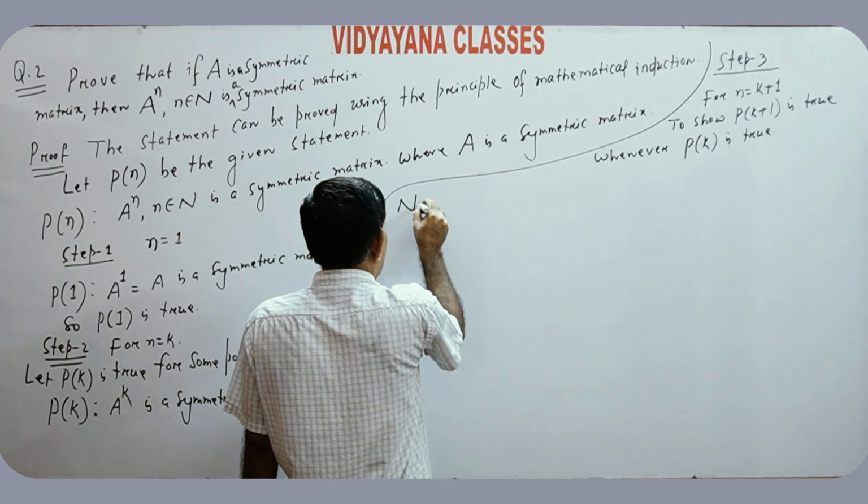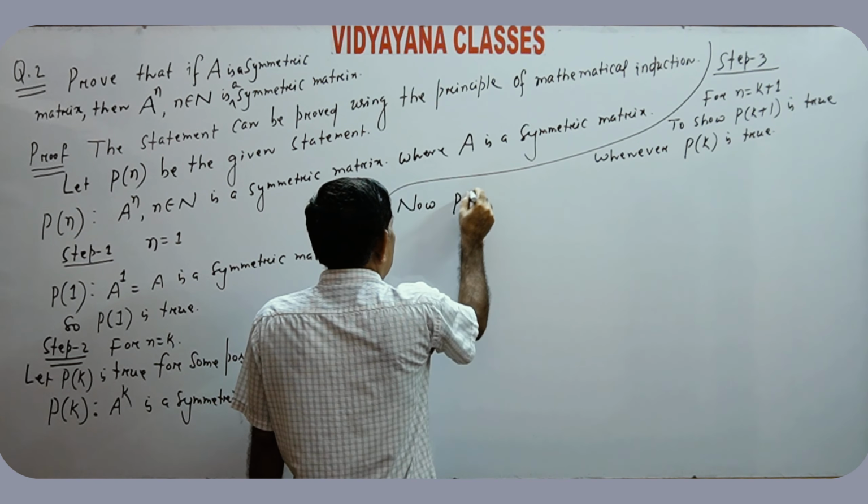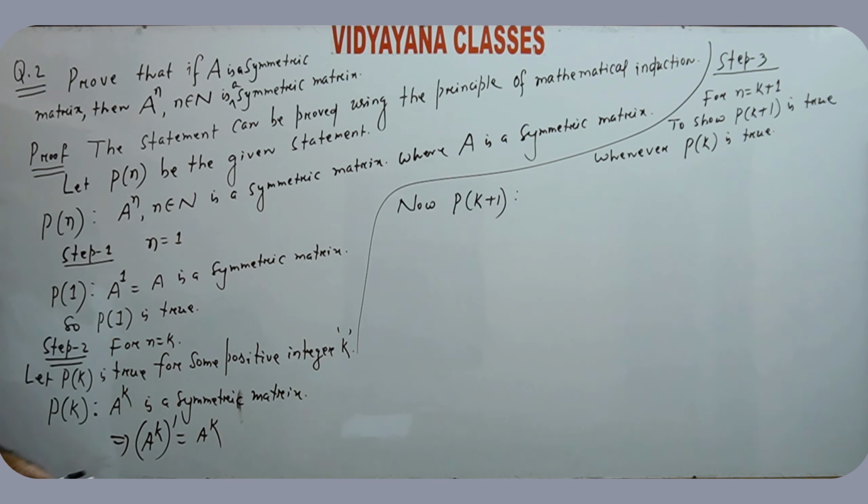Now, Pk plus 1. A to the k is a symmetric matrix. That implies A to the k whole dash is equal to A to the k, since it is the definition of symmetric matrix.